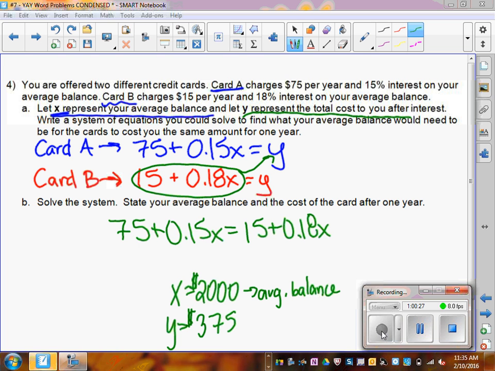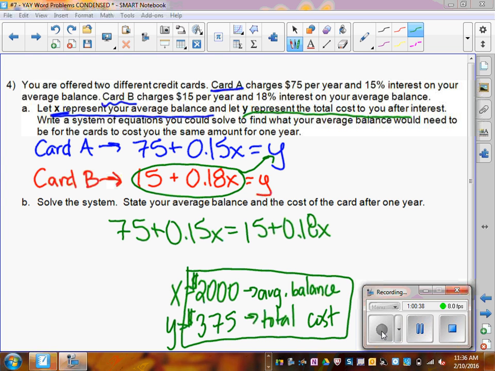So again, that's also dollars. That's our total cost. So again, what we just found out is that between these two cards, even though they charge different amounts of initial fees and interest, when I have a $2,000 average balance, the cost will be the same, and that'd be $375. So kind of expensive cards there to have.